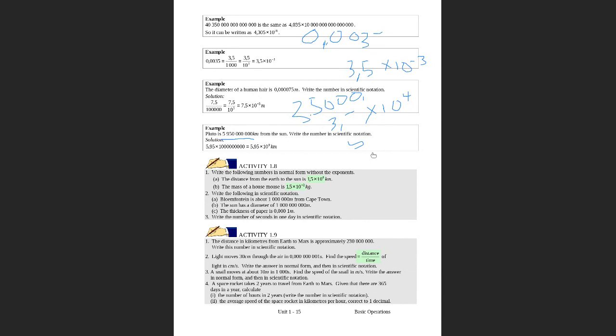We go 1, 2, 3, 4, 5, 6, 7, 8, 9. It will be 5,95 times 10 to the power positive 9 because the original comma is to your right. I hope it's making sense.